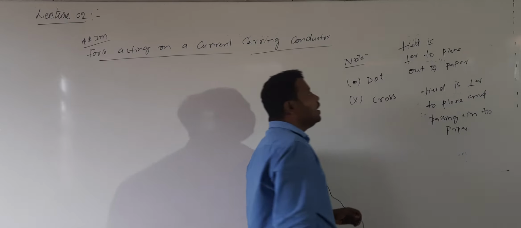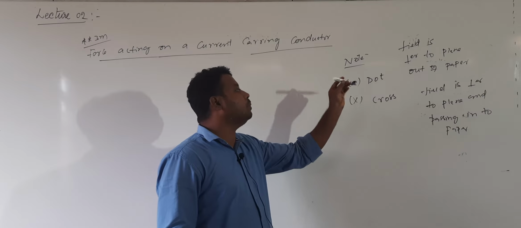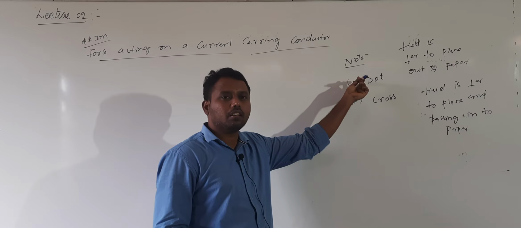Understood? In both cases, dot or cross, it is perpendicular only, but inward means cross, outward means dot.